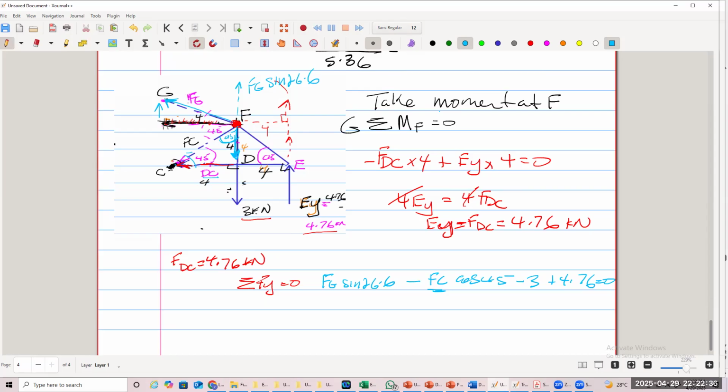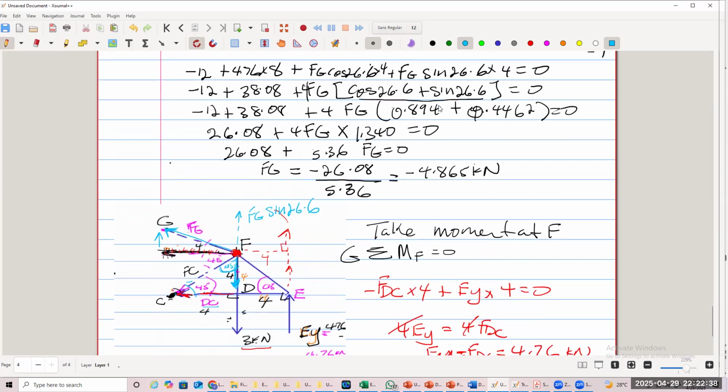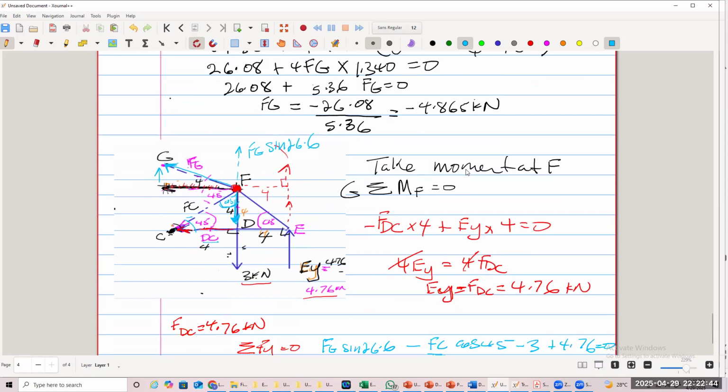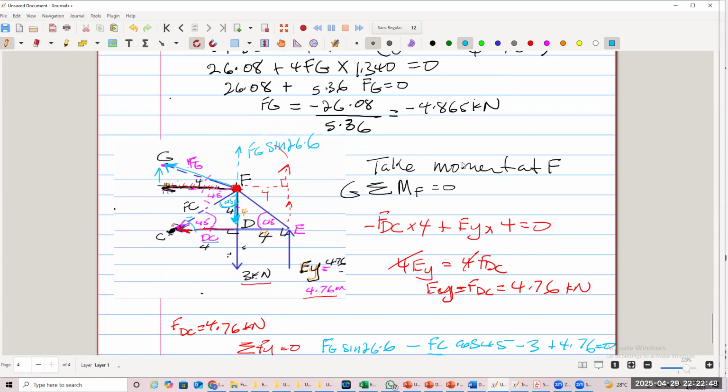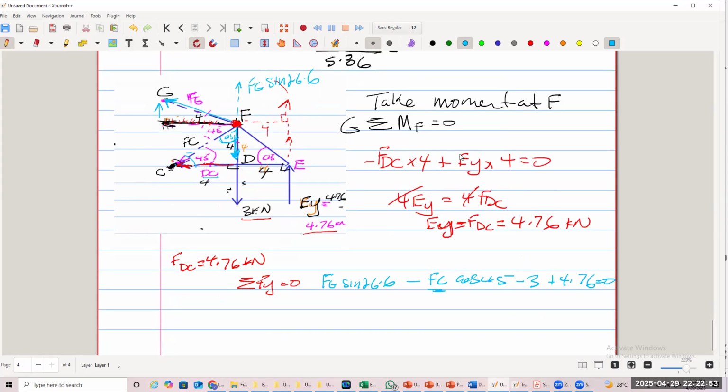But I'm going to work with the value now. The value that we got for it was minus 4.865.